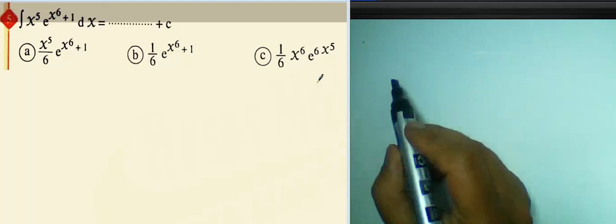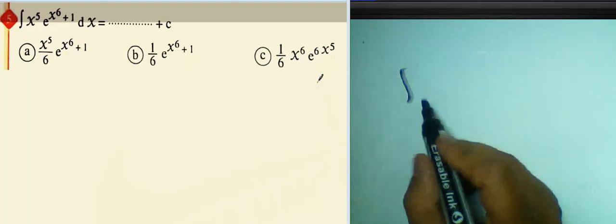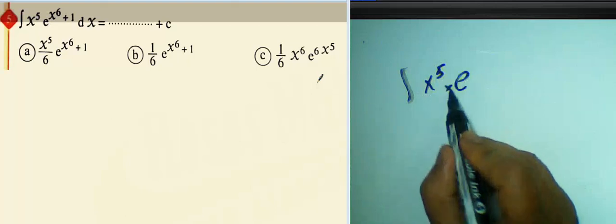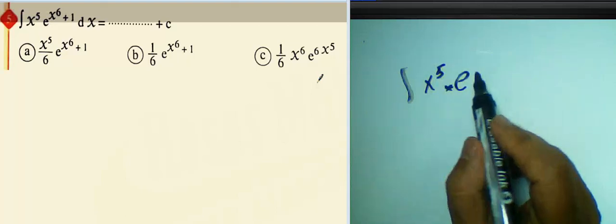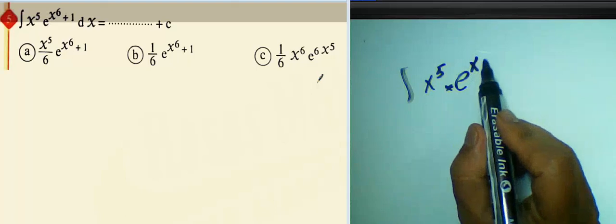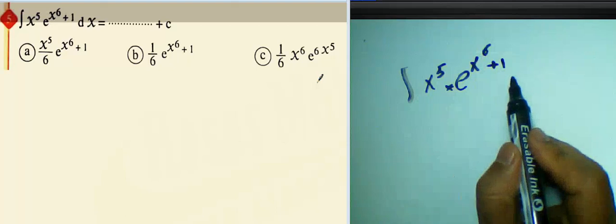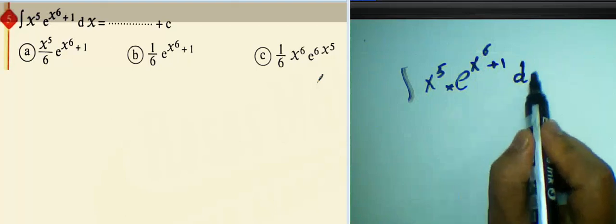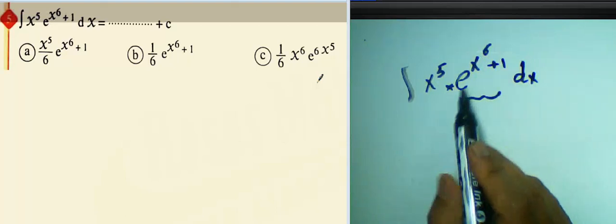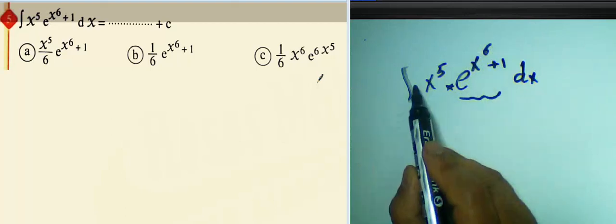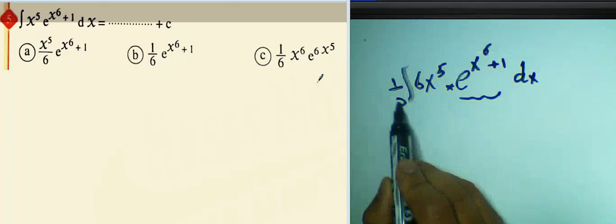Find the integration of x power 5 multiplied by e power x power 6 plus 1 dx. We know the derivative of the power will be 6x power 5, so we must multiply by 6 here and divide by 6.